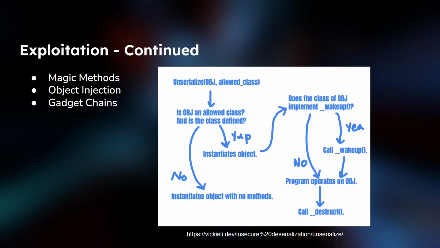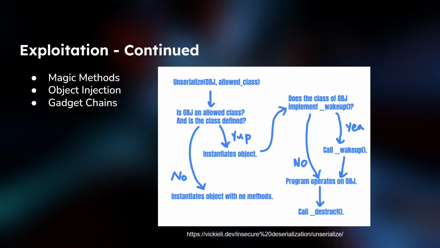There's a bunch of different ones, but this is handy for attackers because if we're able to inject an object that has these magic methods in that class, then we might be able to use those magic methods to perform more things.